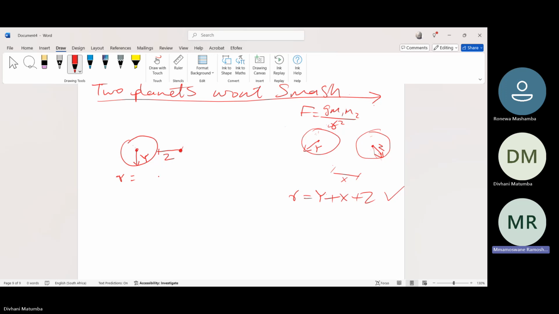The radius of the planet is y, and the distance between the planet and the object is z. Yes. It's not going to be y plus z.